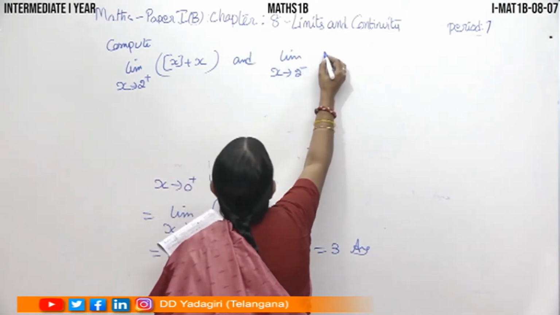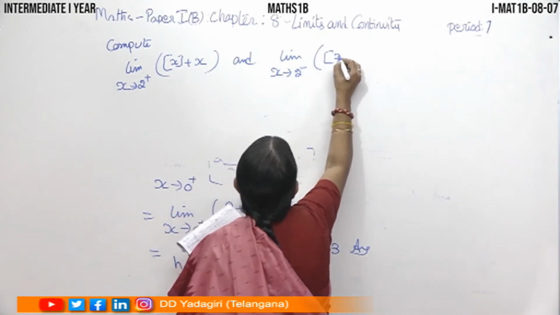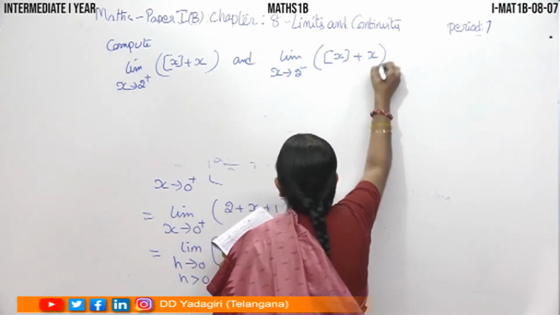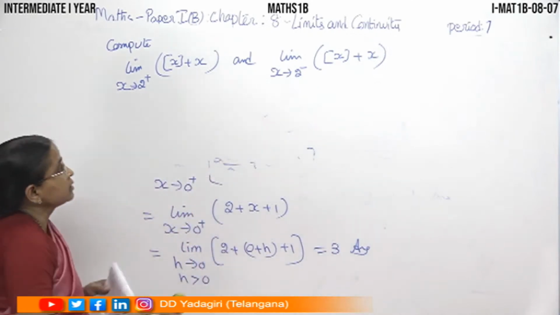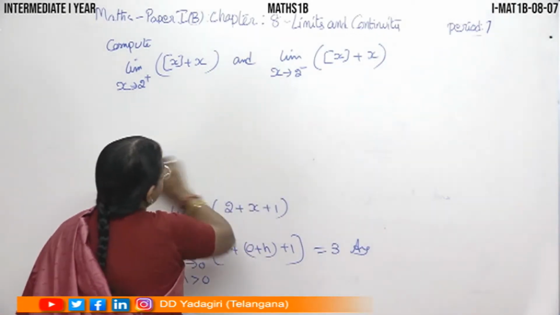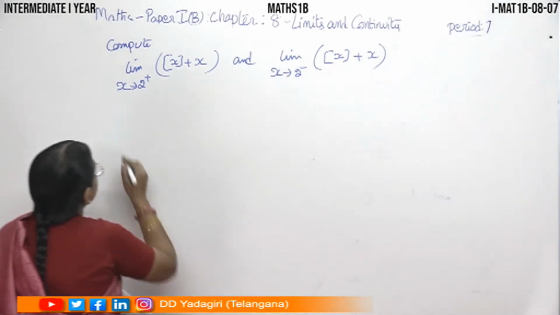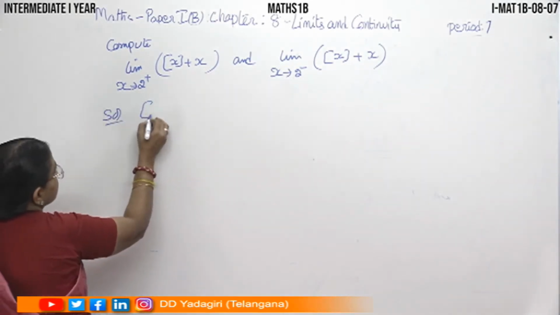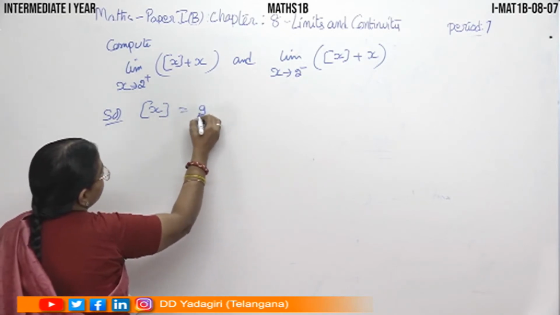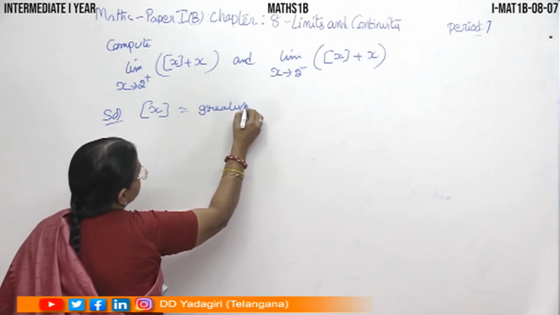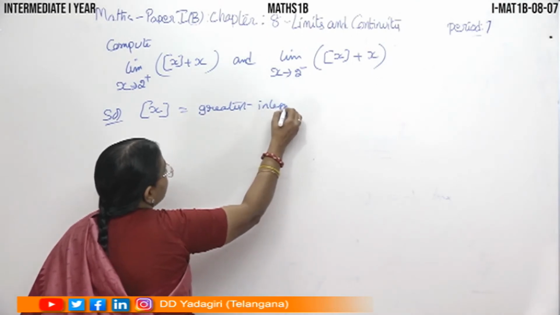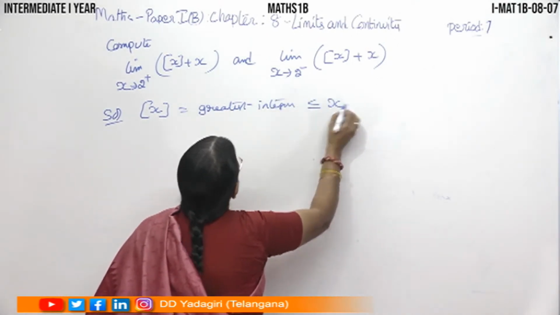This is a very important and very easy problem. So you know what the step function is? Greatest integer function. So we know that step x is the greatest integer less than or equal to x.